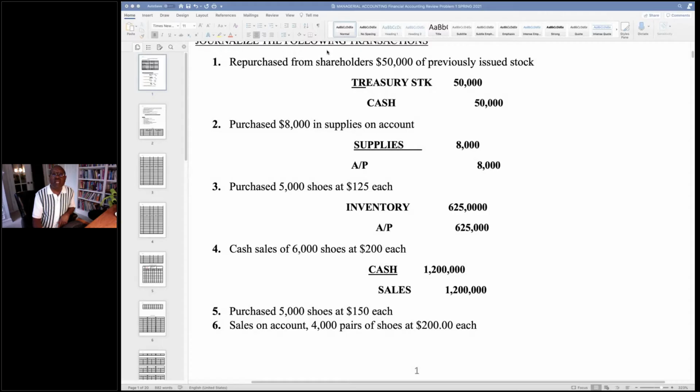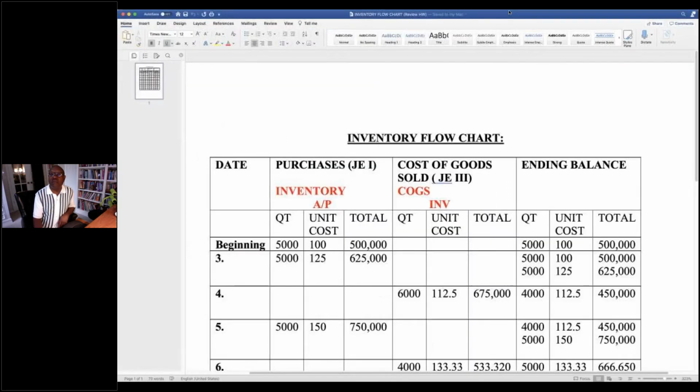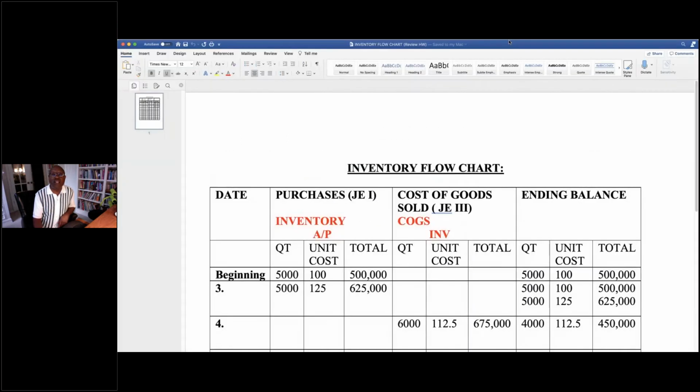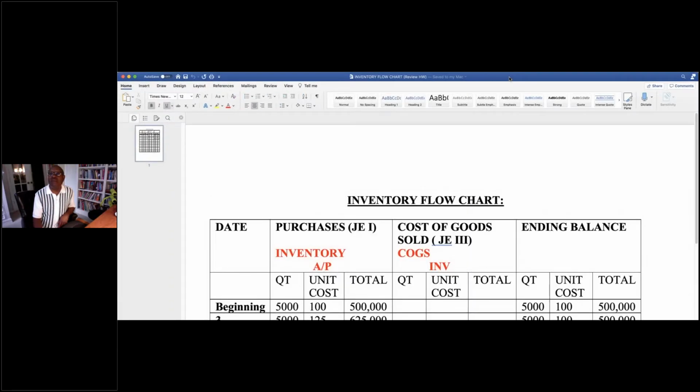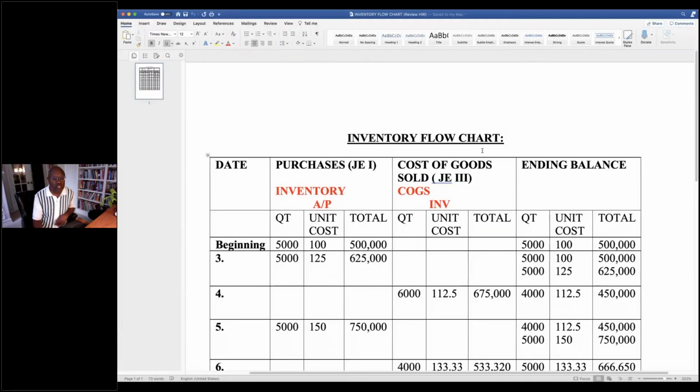It's 625,000 though. How do you know it's 625,000? Because I did it. Tell me what you did then. Okay, I got you. Hold on. You're supposed to be an A student on inventory.